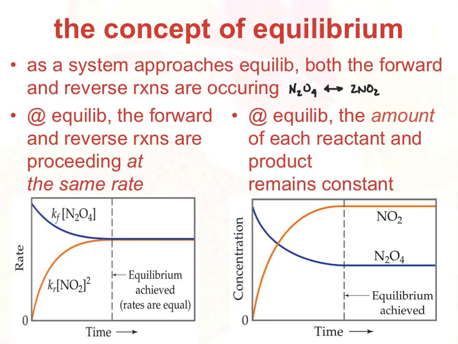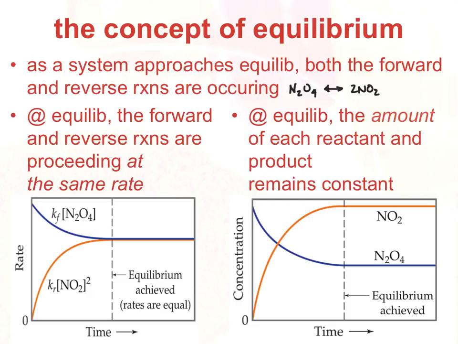Now we can look at this same process with respect to concentration versus time. What I want you guys to notice is that initially we start out with a bunch of the reactant, and in this case none of the product. So initially no product, a bunch of reactant, and what happens over time is that the concentration of the reactant is going to decrease. Why?